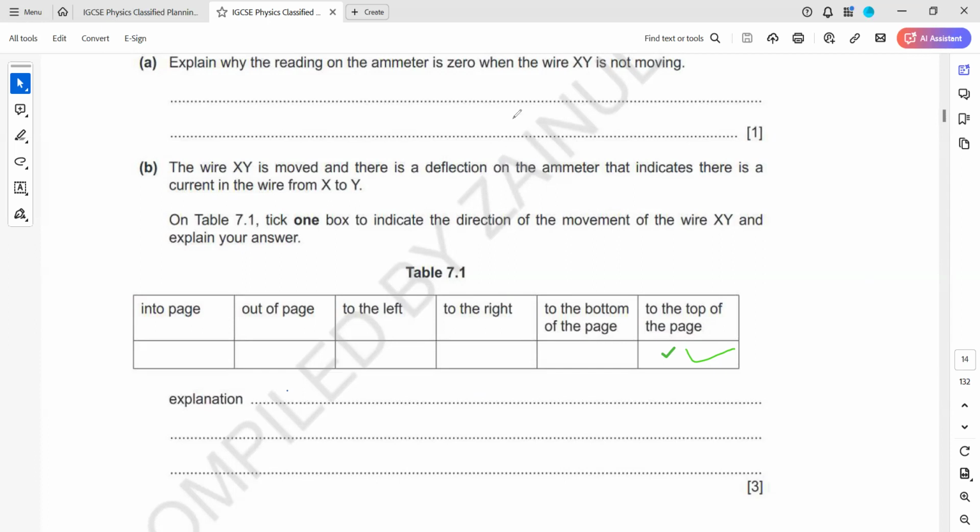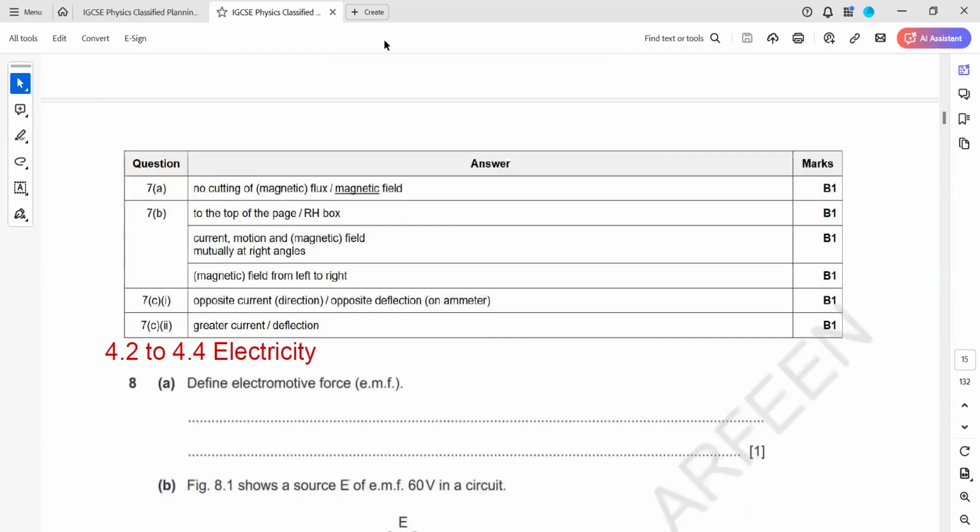I will show the marking scheme answer, the points which you should include. The top of the page, we take that, score 1 mark. Then current, motion and magnetic field are mutually at right angles, meaning all are 90° to each other. And then the magnetic field is from left to right, or you mention using the right hand rule, it's the same thing.